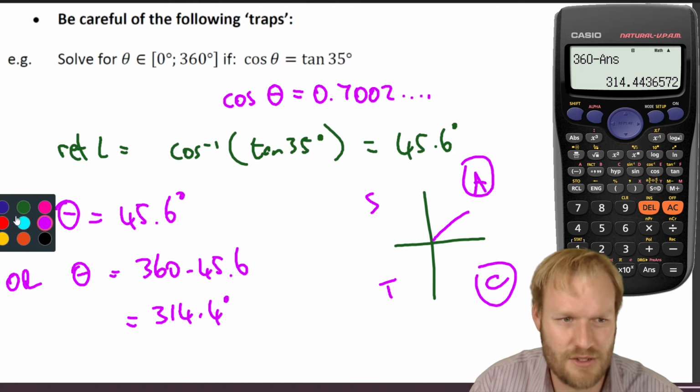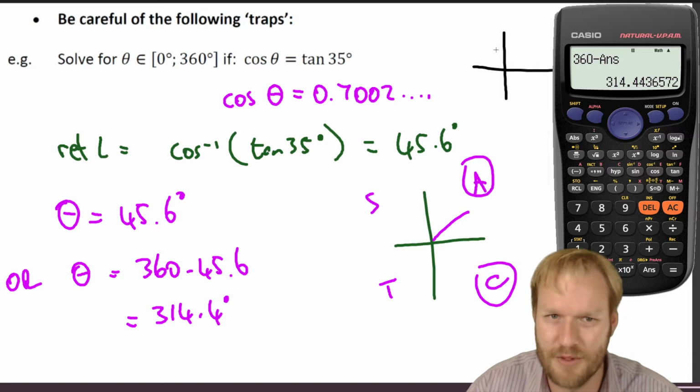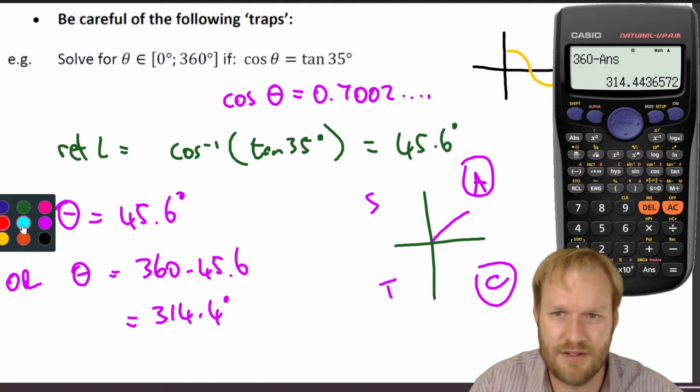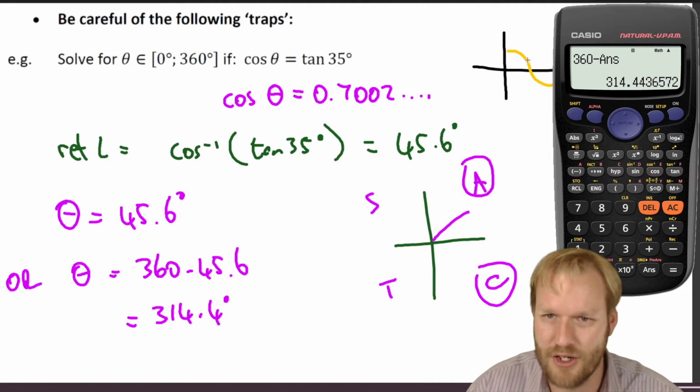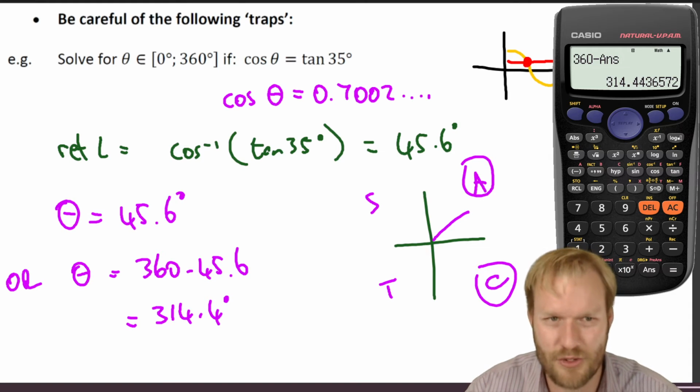If we drew this, and I like having a little bit of a picture, cos theta between 0 and 360, tan 35 is this number over here, 0.7. So we're seeing when those two intersect. Well, there's an example, 45 and 314. Okay, so those were our two.